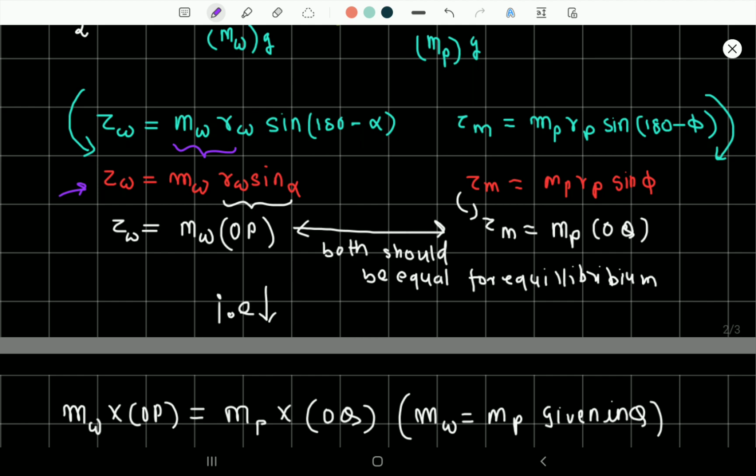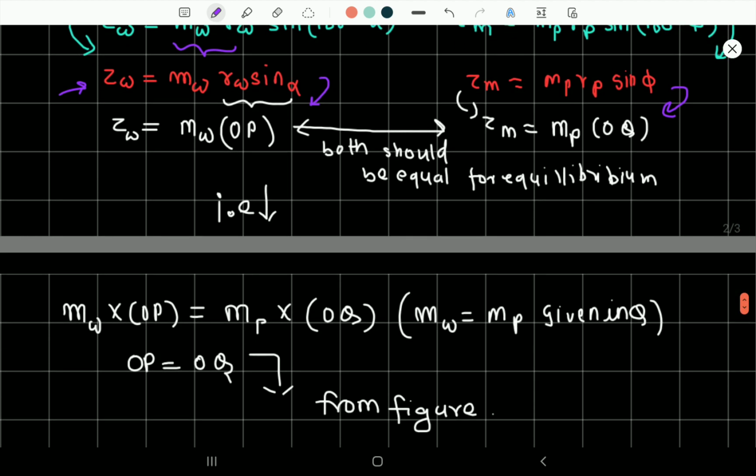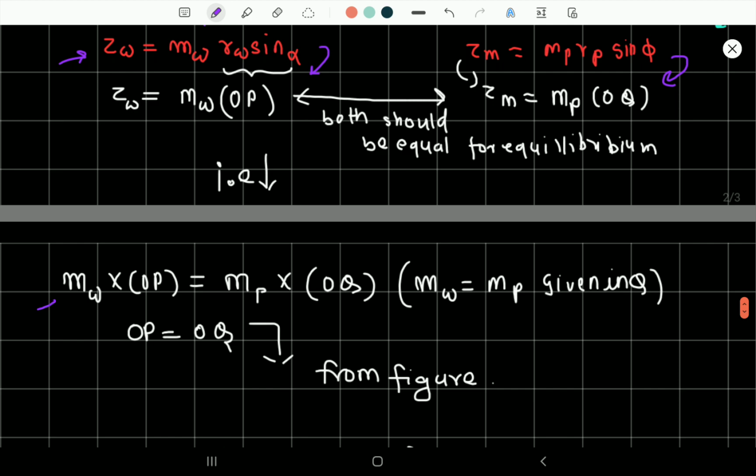Now from the triangle we can say that RW sin alpha is OP and RP sin phi is OQ. Now putting all these things in the equation, equating them, we would get MW OP is equal to MP OQ.